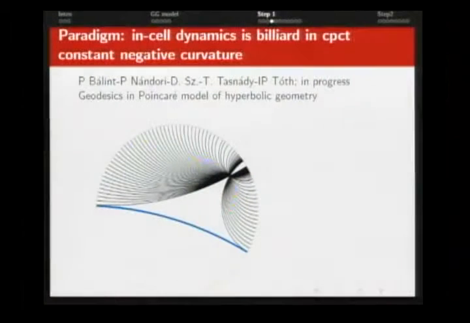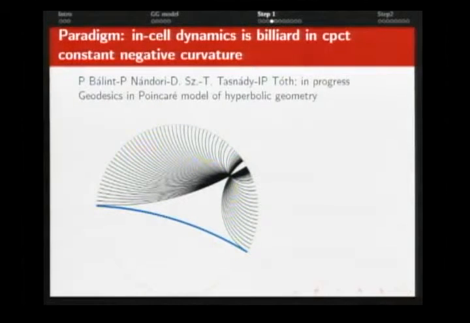Now, in our case, this is not so. This is why we are still trying to work. And this was our first model, a paradigm model. The in-cell dynamics is a billiard in a compact constant negative curvature situation. This is joint work with Péter Bálint, Péter Nándori, Tamás Tasnádi, and Péter Tóth.